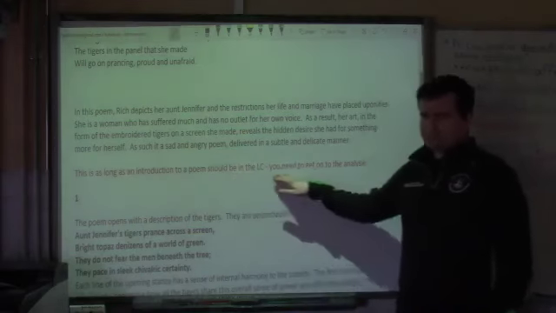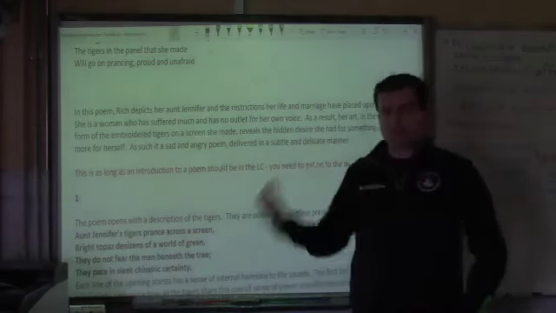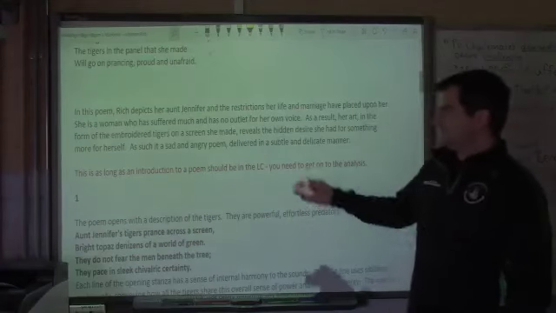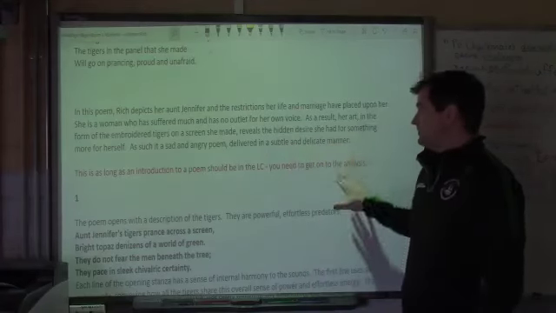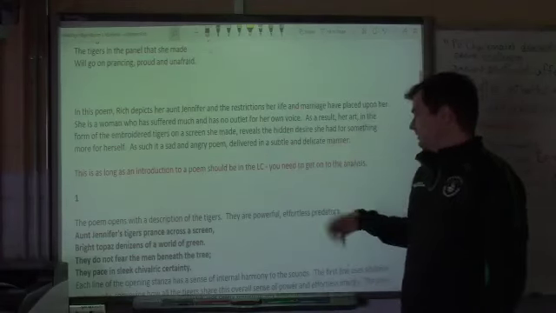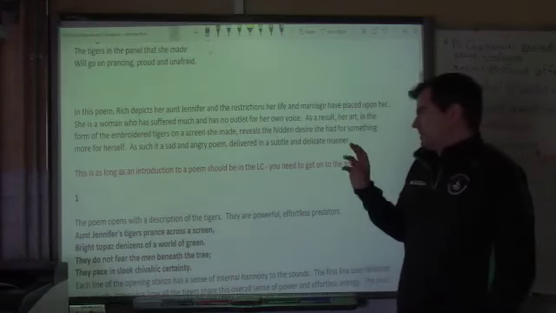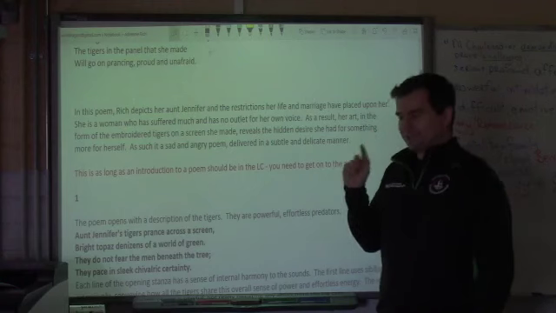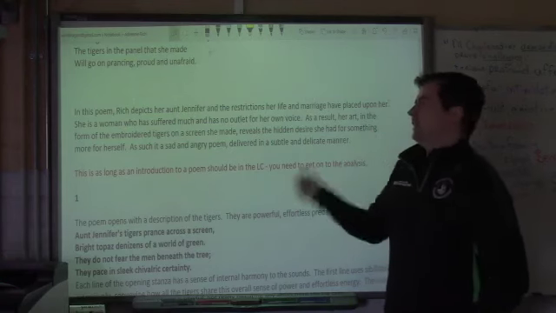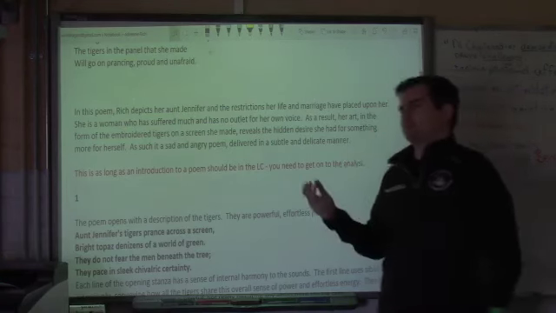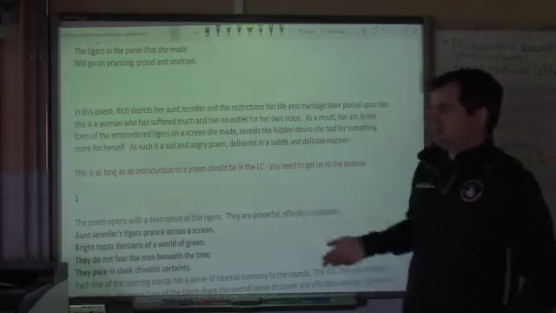So I have here in red my commentary on my writing here. So this is as long as an introduction to a poem should be in the Leaving Cert. You need to get on to the analysis, but students often take that to an extreme. I understand why. They pare it right down. Here she talks about her aunt who had a difficult marriage.